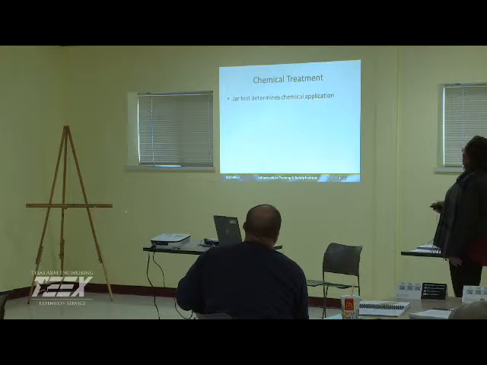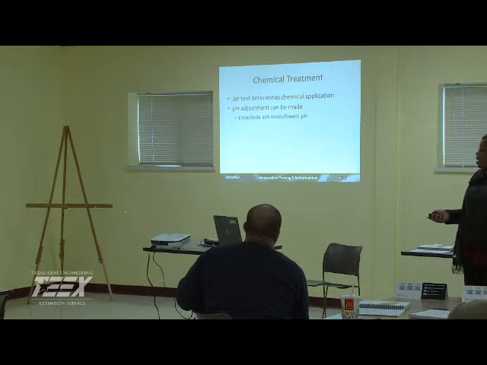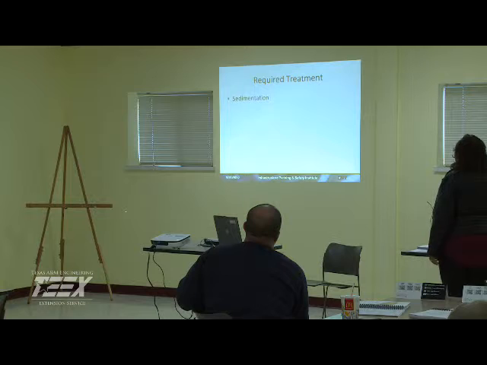So jar testing helps us to determine chemical application. We can adjust pHs. Again, the use of lime, soda ash helps us to raise the pH when it's below what it needs. Also enhances coagulation and flocculation.